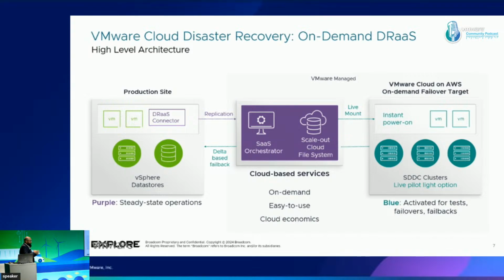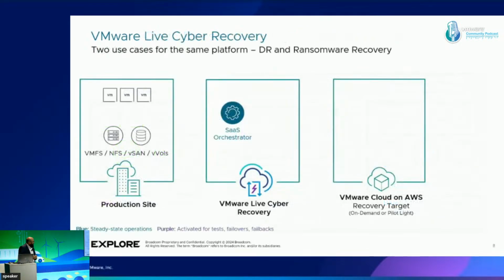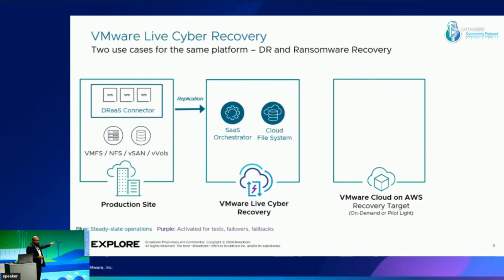So in terms of economics, you don't need to have any storage up and running in another place, and you don't have any vCenter up and running in another place when you are in protection mode. How can you do that? The disaster recovery connector is an appliance on-prem, and you have your orchestrator in the cloud. Why?